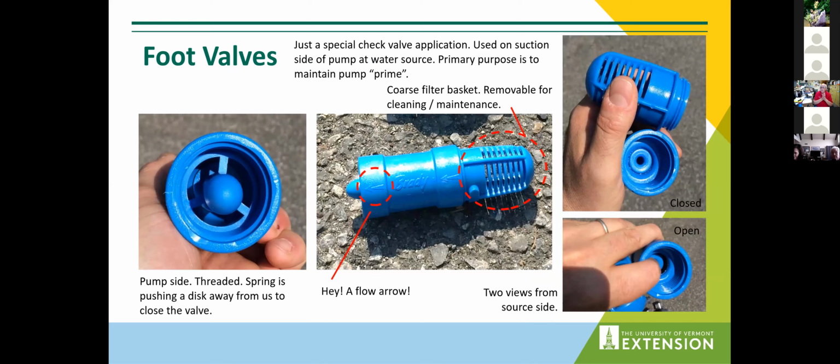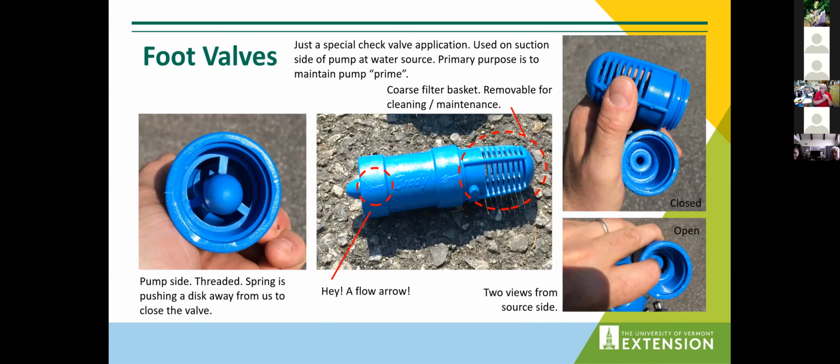Foot valves are mainly for lines to maintain pressure. So for priming, again, you notice in the center, you can see that it shows which way it has to be installed. You have a screen on the bottom, which can be taken off and cleaned, but this maintains the pressure in the line, for instance, in a well.